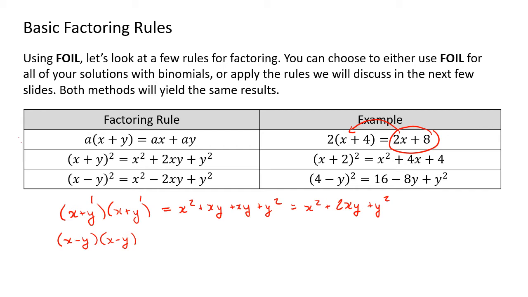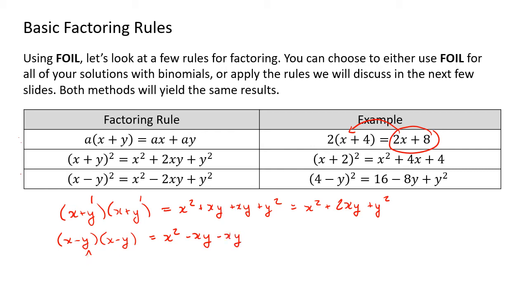The same thing goes for x minus y times x minus y. So using FOIL, we get the first terms, x times x, which is x squared. Then the outside terms, x times negative y, which is minus xy. The inside terms, negative y times x, again minus xy.